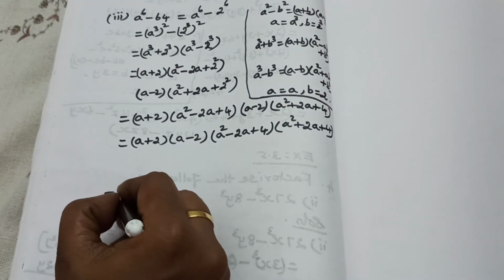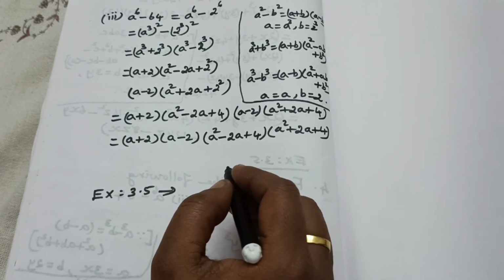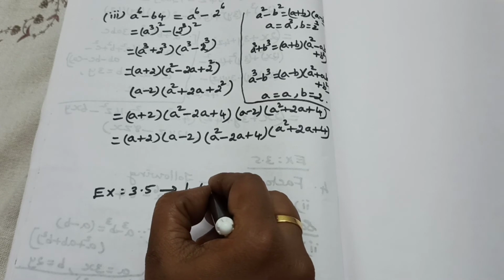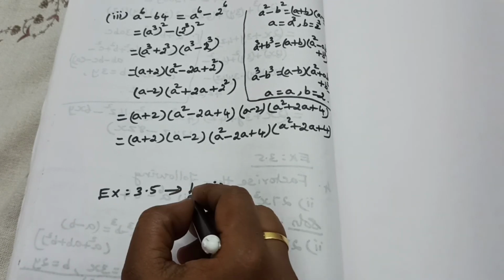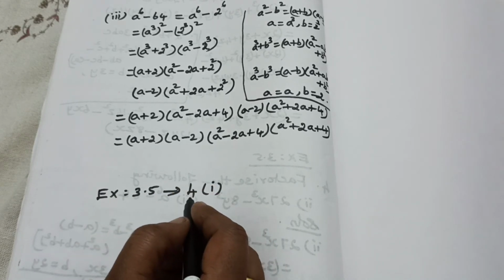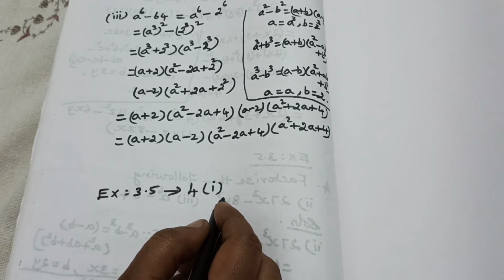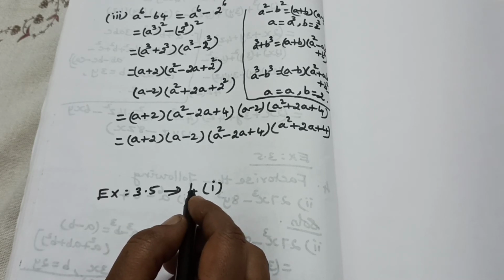Shall I give you homework? Exercise 3.5, fourth question, first subdivision, you do as homework, using the a cube plus b cube formula, and resemble that one.